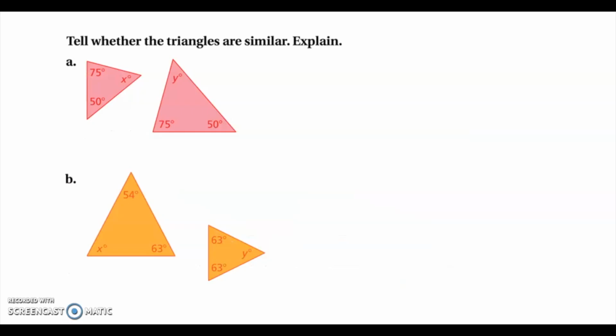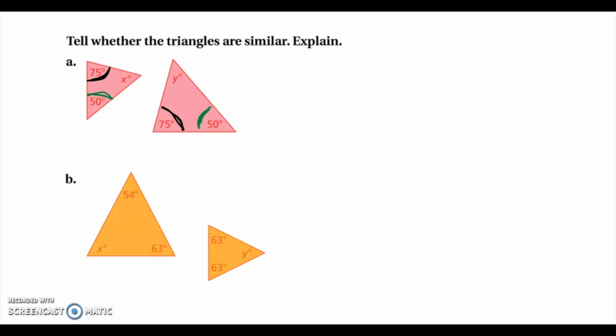So looking at the first two triangles, we want to say whether or not the triangles are similar. So when we're checking to see if they're similar, we're looking to see if all of the angles correspond. So is there an angle in the first shape that is the same measure as an angle in the second shape? So if I'm looking here, 75 degrees matches up with 75 degrees. 50 degrees matches up with 50 degrees.